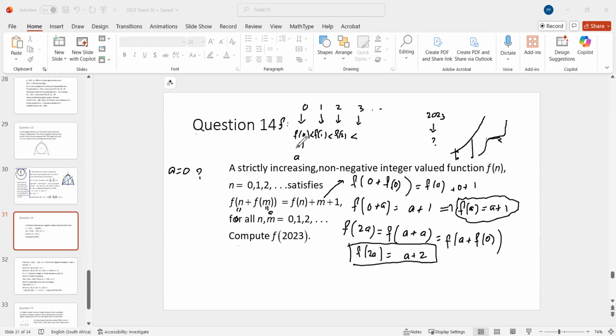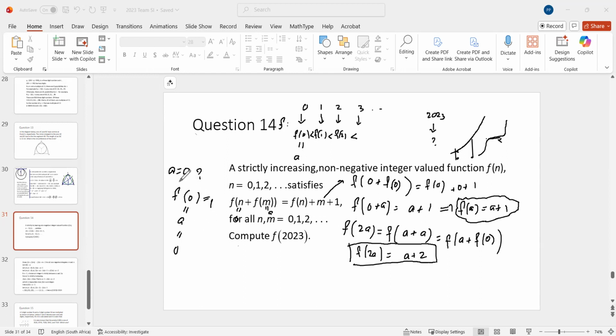Well, if that is the case, then from this equation, if a equals 0, then you've got f of 0 is 0 plus 1, which is 1. But f of 0 is a, and we are saying that a is equal to 0, so you got 0 equals 1.